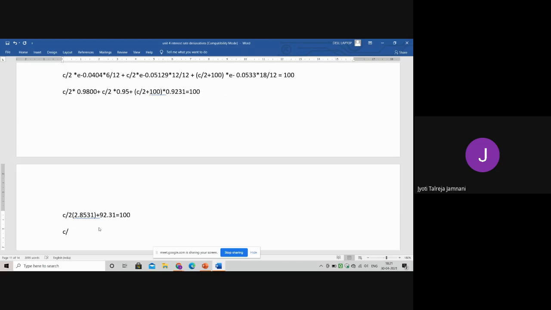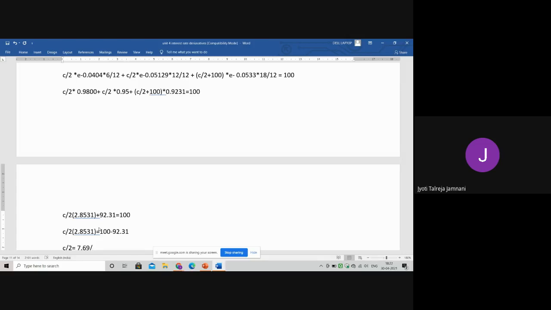So we'll get C by 2 into 2.8531 equal to 100 minus 92.31. How much you get? 100 minus 92.31 is 7.69. So C by 2 into 2.8531 is equal to 7.69.